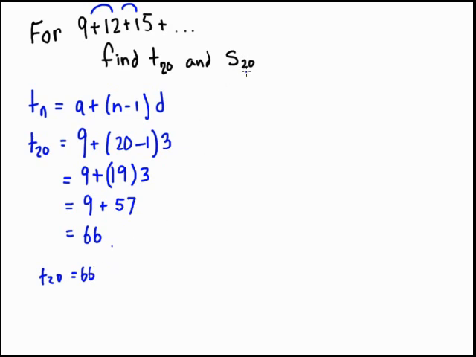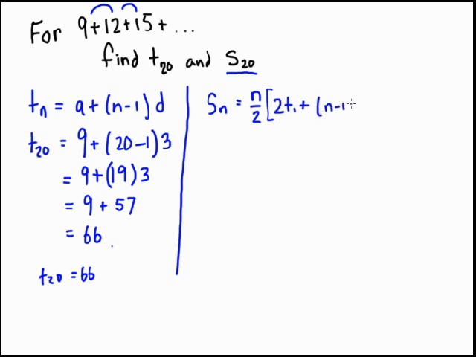Now the second part of the question is to find the sum of the first 20 terms. And there are actually two formulas we can use there. The one formula is like this. Sn equals n over 2 times, in brackets, 2 times t1, or a, plus n minus 1 times d.